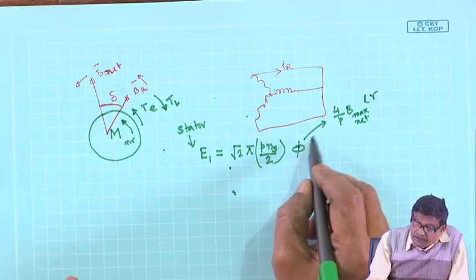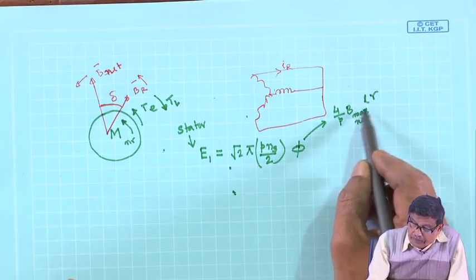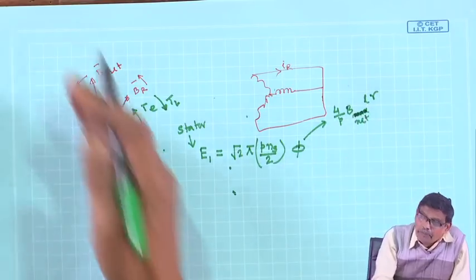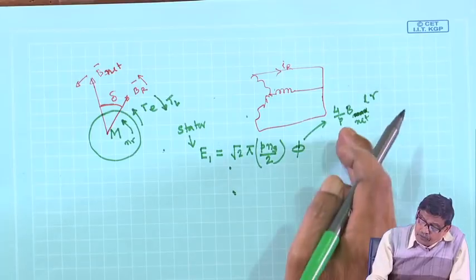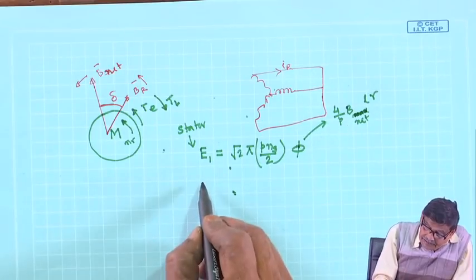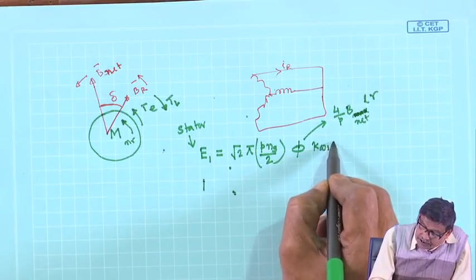So, this is the flux per pole and I must calculate it with respect to B max net, that is B net.